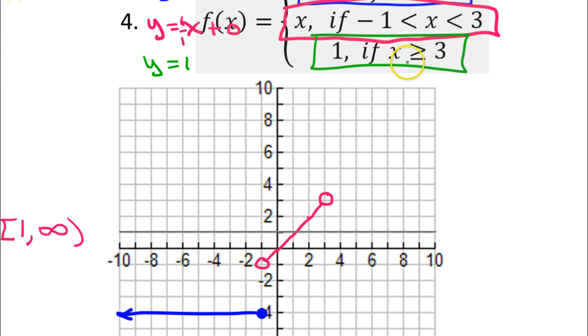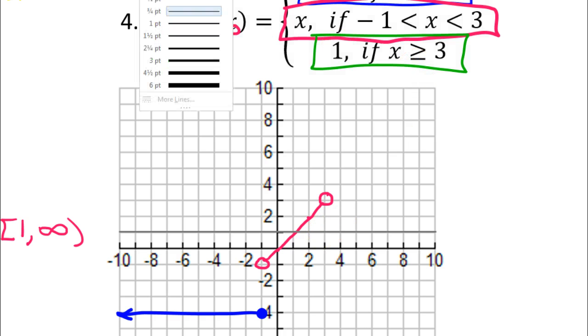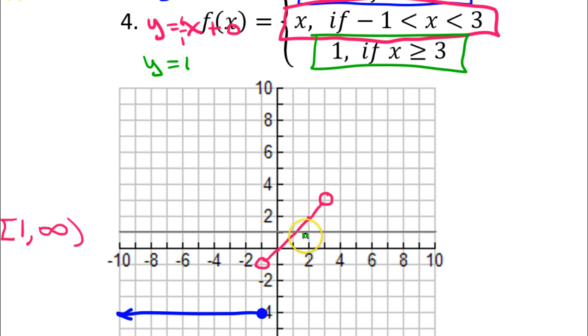I get to keep the part that's greater than or equal to 3. All right, so here is the point that's at 3 right here. It'll be a closed circle because of the or equal to part. Okay, so boom, there's my closed circle.